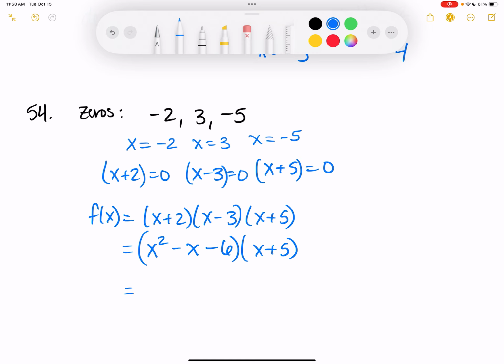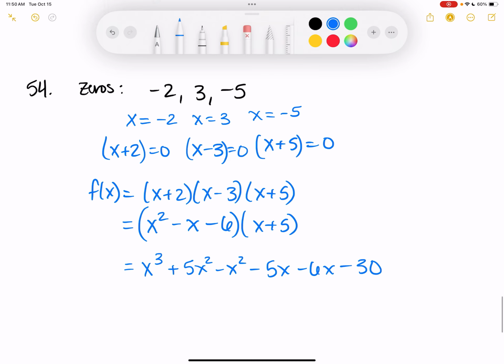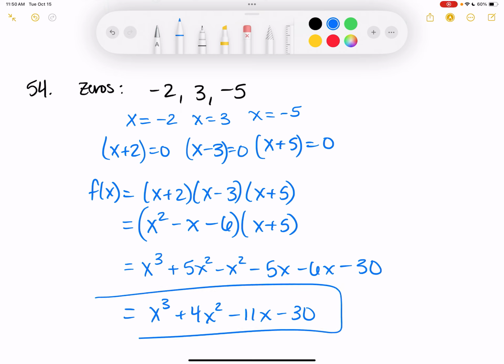So I would get x cubed plus 5x squared minus x squared minus 5x minus 6x minus 30. Combine like terms. X cubed plus 4x squared minus 11x minus 30. And that would be your function.